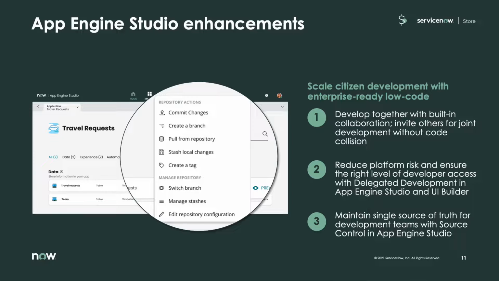Admins will also have more defined control over what developers can do in their applications, and they'll have more information to make faster and more confident decisions, which greatly accelerates the time to market. Now, overall, the new governance features help build trust with your admins who are moving these things along.